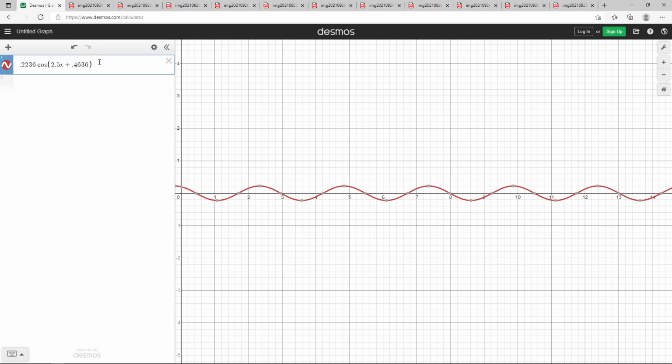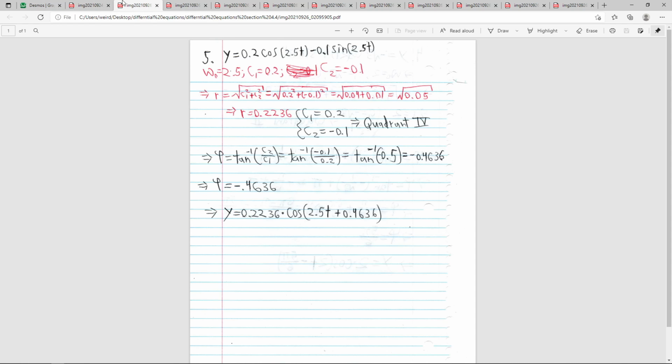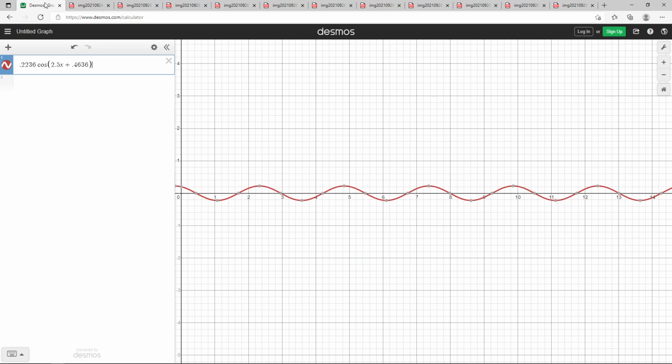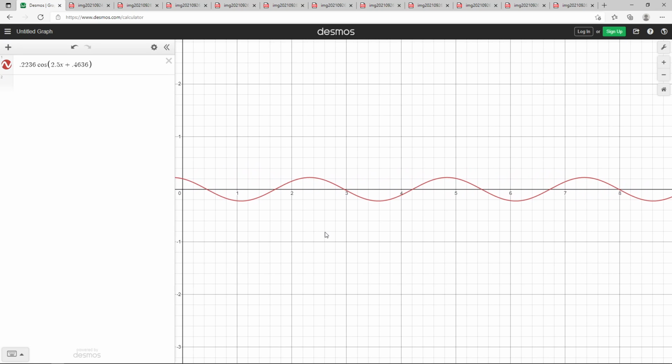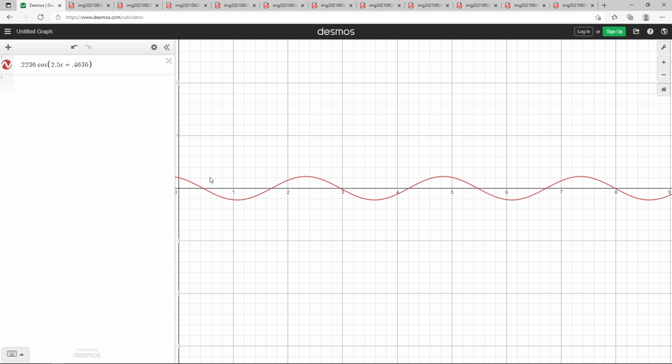We have 2.5t plus 0.4636. And on the graph, we're going to zoom in a little so we can see it. Yes, 0.224 and negative 0.224, so 0.224 is our amplitude.